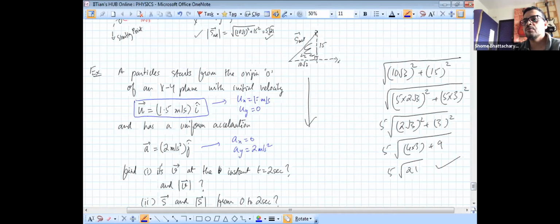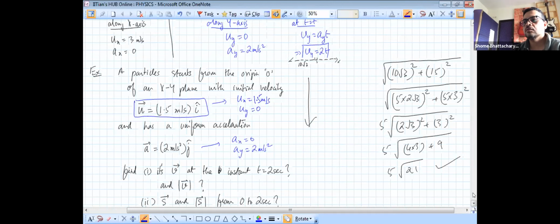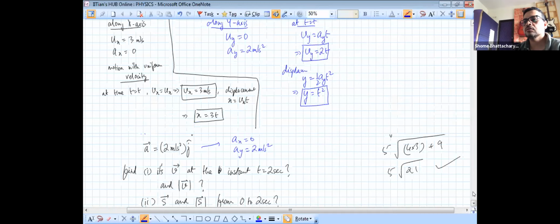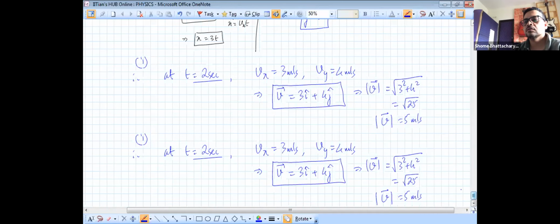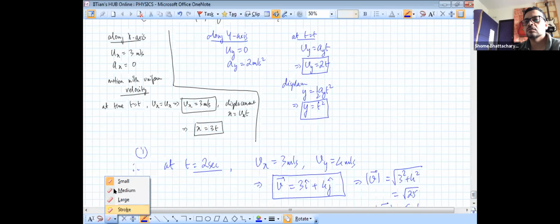So this is 1.5. So you just have to make the correction here. So this value will change. This value, this value.